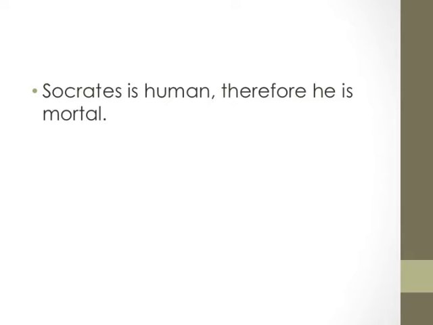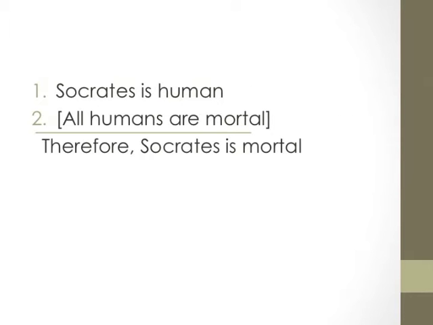Clearly, what happens is that the text is somehow incomplete, and that you are expected to supply the missing parts. What is missing is a generalization in line 2, all humans are mortal, which connects the first premise to the conclusion. Socrates is human, all humans are mortal, therefore Socrates is mortal.